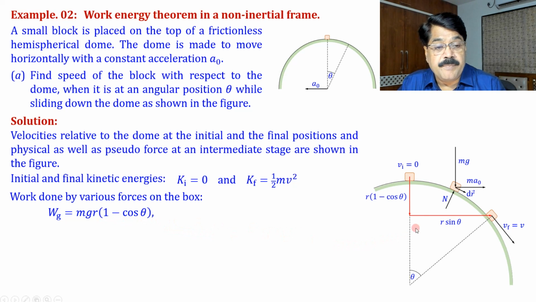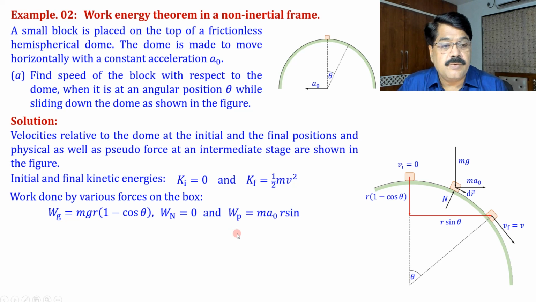It is very easy to see, because gravity is a constant force, so we multiply the magnitude of weight and the component of displacement parallel to mg, that is r(1 minus cos theta). Now the work done by normal reaction will be 0, as we have seen earlier, and for the pseudo force, again it is a constant force, so we multiply the force magnitude and the component of net displacement along the force, that is r sine theta. So the work done by this pseudo force is m a0 r sine theta.